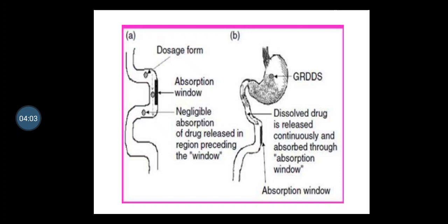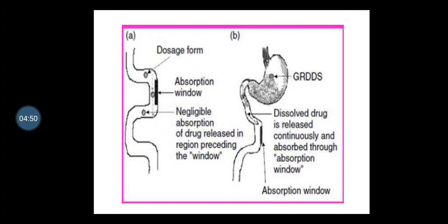The stomach has a transit time really less than 1 hour if the patient is in fasting condition, but in the fed condition the transit time may be more than 3 hours. In the small intestine, the transit time is 3 to 4 hours, whereas in the large intestine, as you can see in the structure here in the B, the transit time is around 20 to 30 hours.